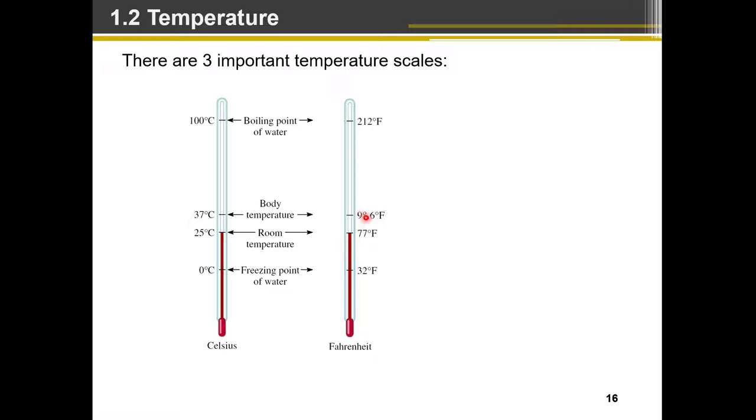The reason it used these two reference points for the scale was that it was invented by a German physician. He actually used the two most convenient reference points for him. And a third scale that was invented later was the absolute scale, or the Kelvin scale. This was invented based on the absolute 0 point, zero temperature, which is the smallest temperature possible in nature.